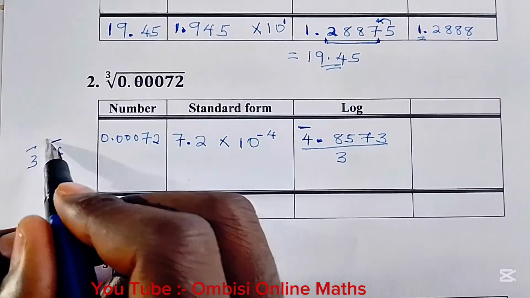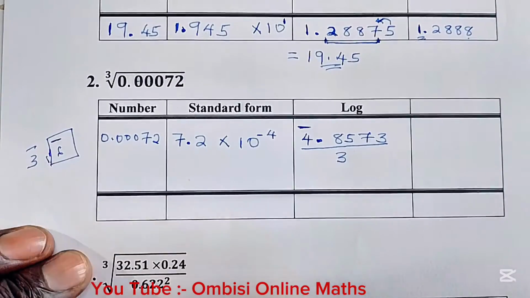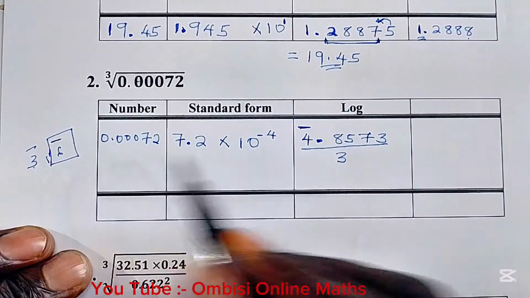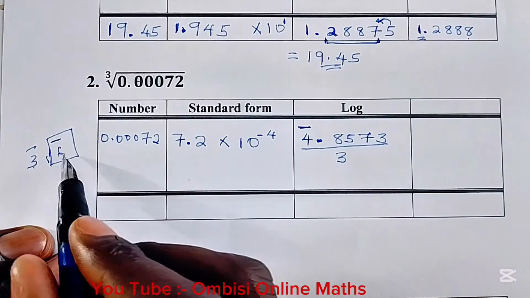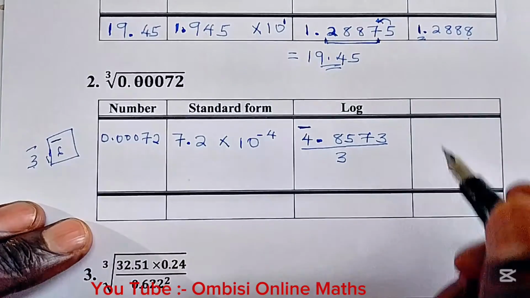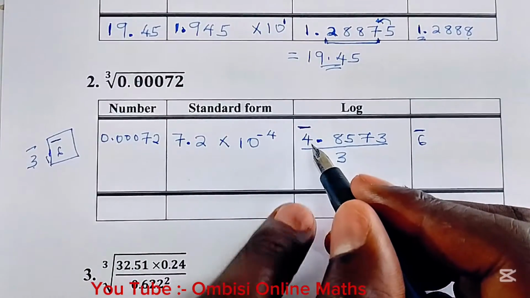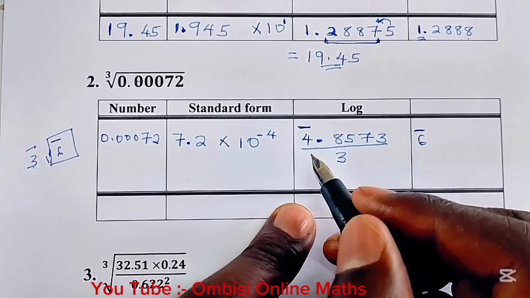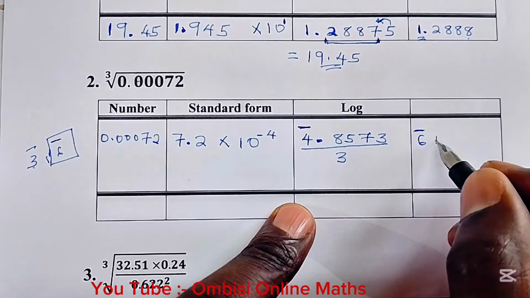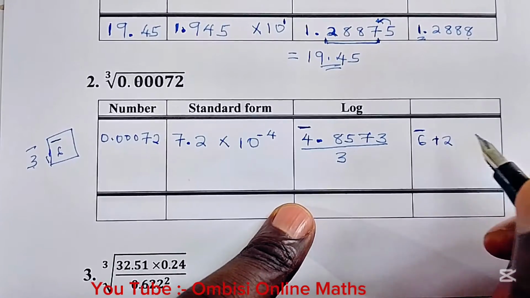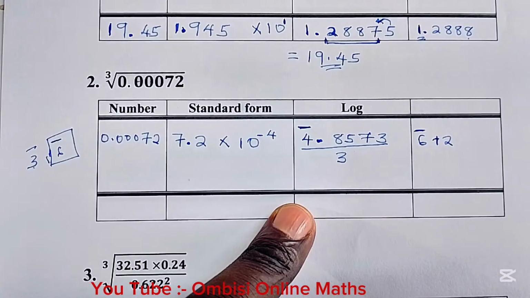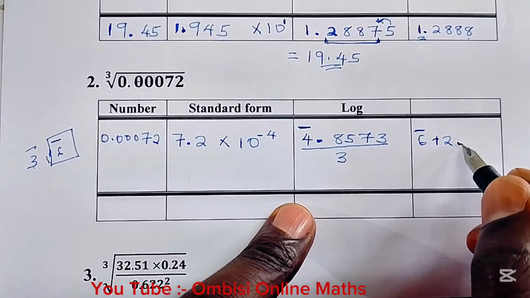So the next high multiple after bar 4 is bar 6. So we ask ourselves, what can we add to bar 6 to get bar 4? And you find that you can add 2.